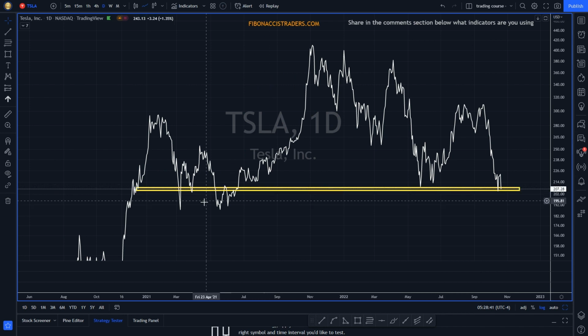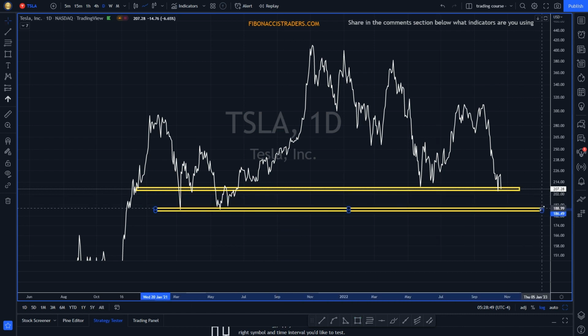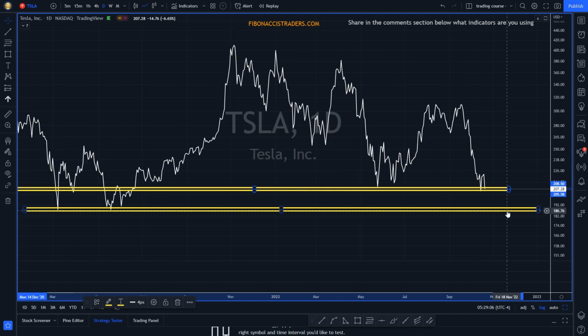I look left. Below this one, we have this area here. So I take the box and draw another one here, all the way to the right. Now I know that if I go short, the next level of support where I may take some profits would be here in the area of 190, 185.